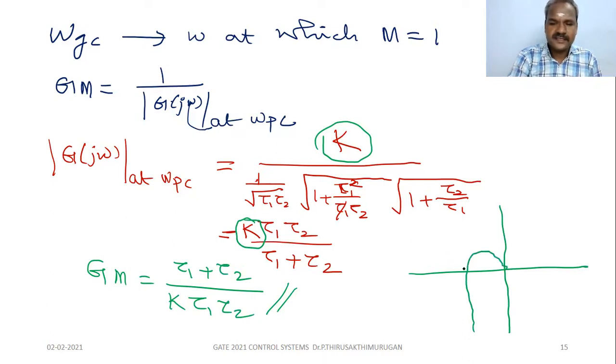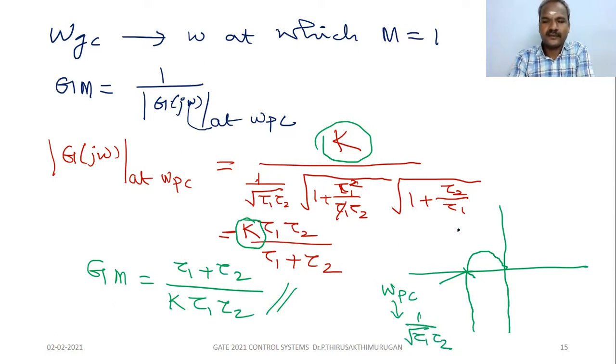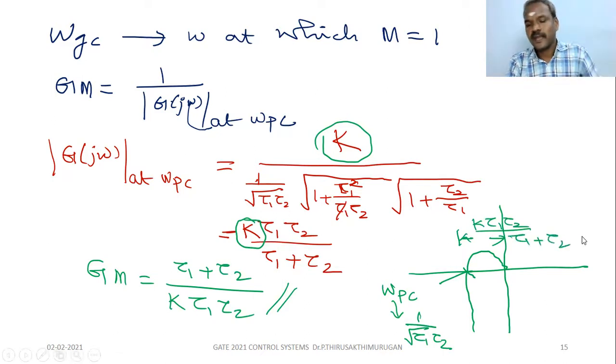This is the frequency omega PC, where omega PC equals 1 by square root of tau 1 tau 2. Clear? So what is the gain margin? The magnitude of this distance is k into tau 1 tau 2 divided by tau 1 plus tau 2. The inverse of this magnitude is called the gain margin.